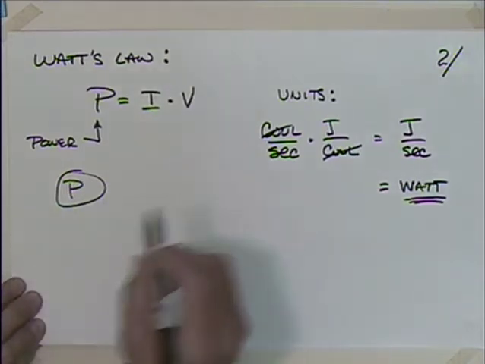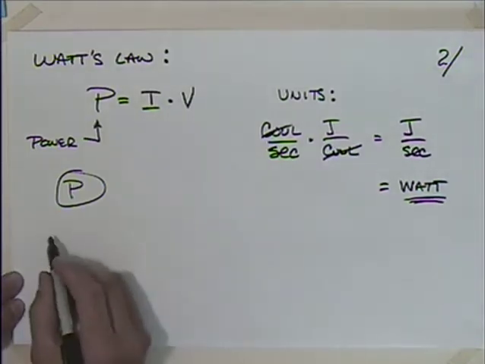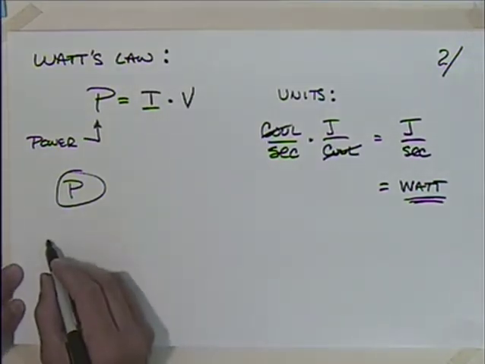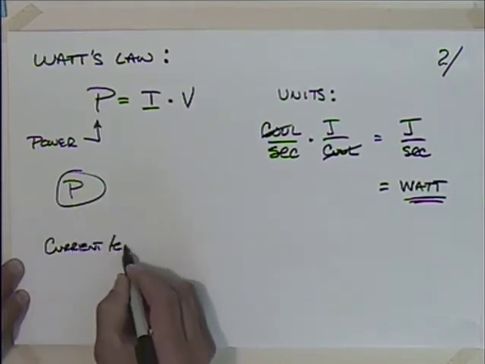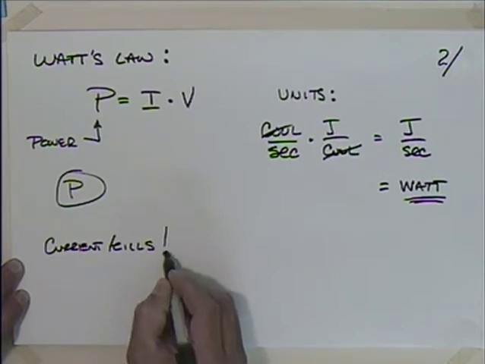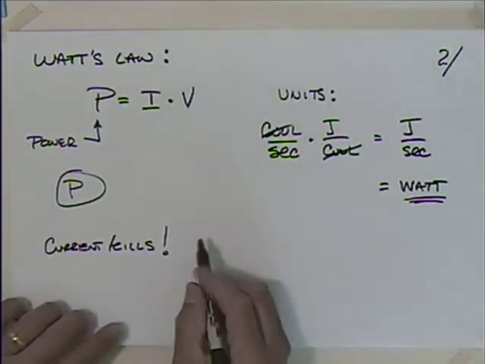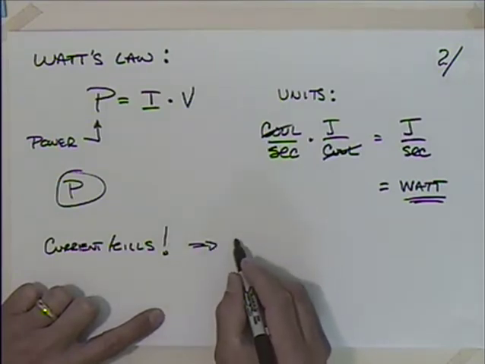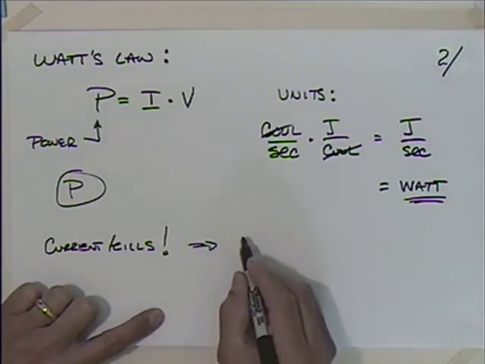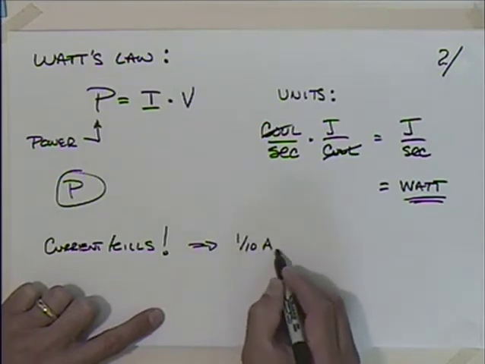But before we head on, I wanted to talk a little bit about safety, about the concept. Oftentimes you'll hear people say current kills. If we were to do some research, usually you could have someone get killed at about 1/10 of an amp.